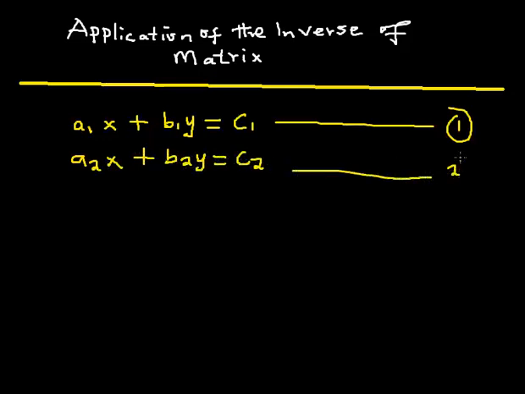So now I can solve this applying my knowledge of the inverse of a matrix. How will I do that? I'm going to use x to represent the entire variable, then I use capital letter A to represent the coefficients of the variable.